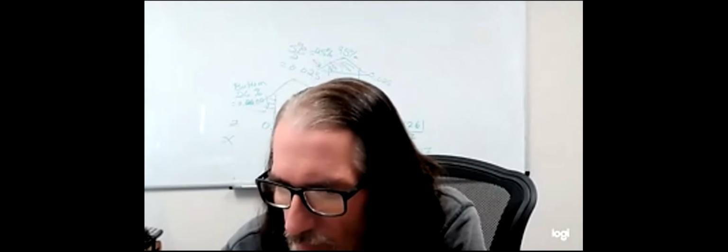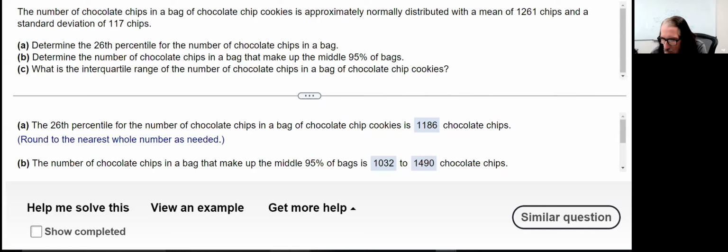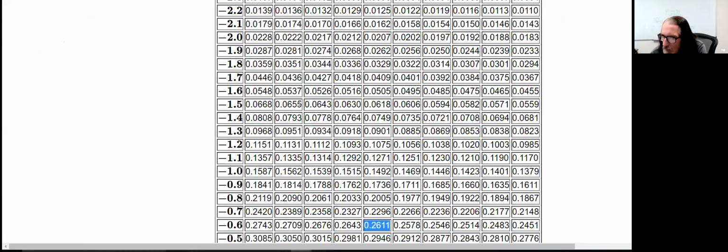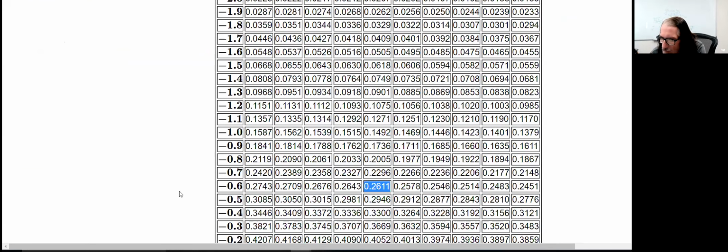On the table, .025. Looks like the closest we're going to get is with a negative 0.67.